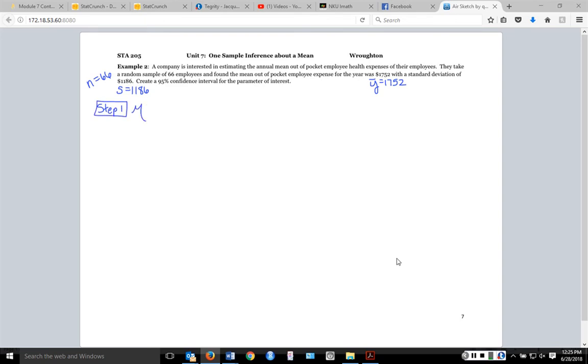So mu, for a quantitative variable, will represent the population mean out-of-pocket employee health expenses for this company. So that's just what we're trying to find.